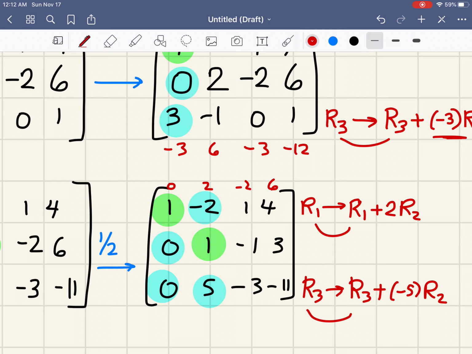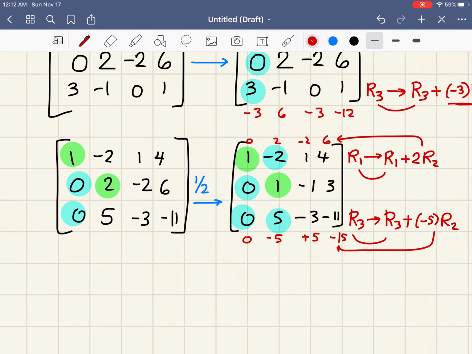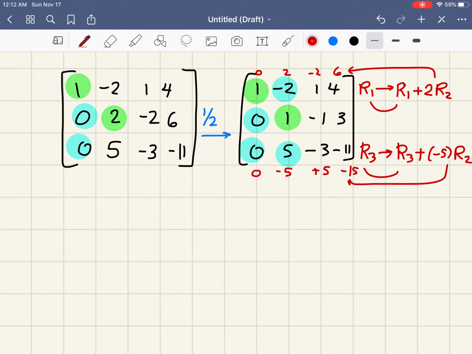Down below I get 0, 5, -5, +5, and then -15, right? All right, so let's update our matrix here.